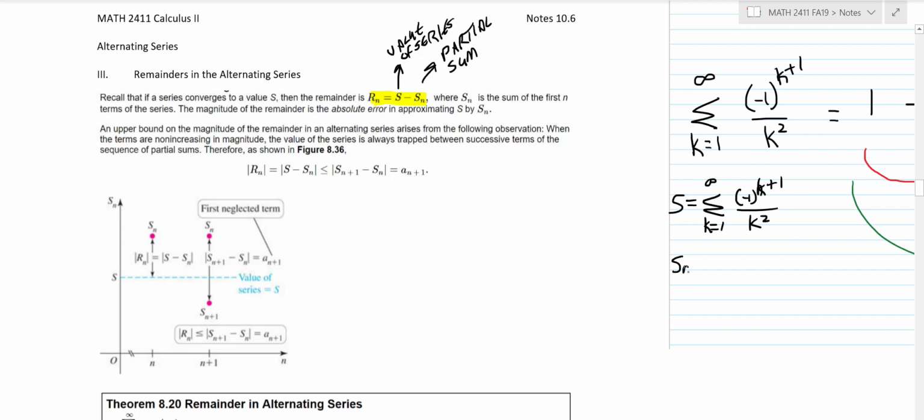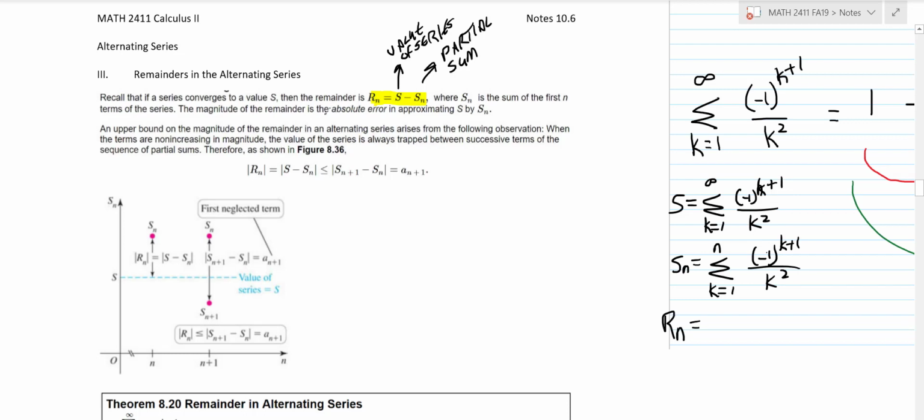Okay, S of n would just be a partial sum, so that would be k equals 1 to some number n of, mismatching my variables again here. So we'd have this k equals 1 to n, and then negative 1 to the k plus 1 over k to the second. Okay, so that's what we have there. And then the remainder would just be the difference between those two things then, all right?